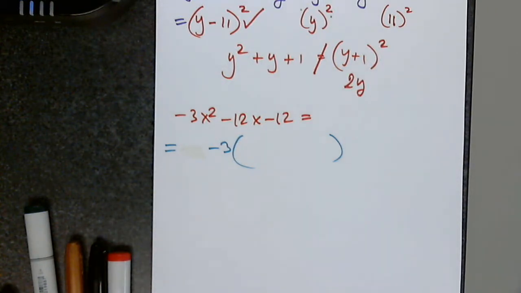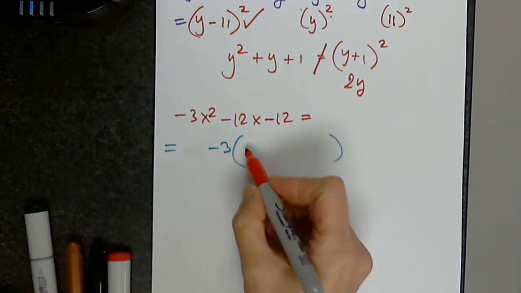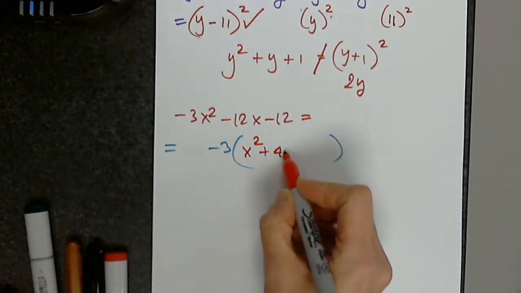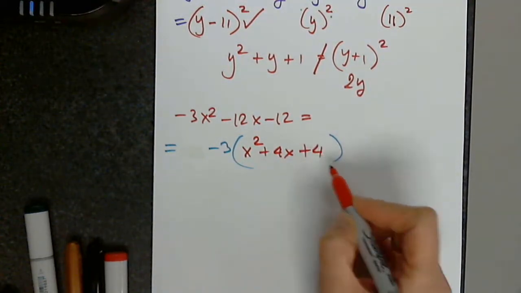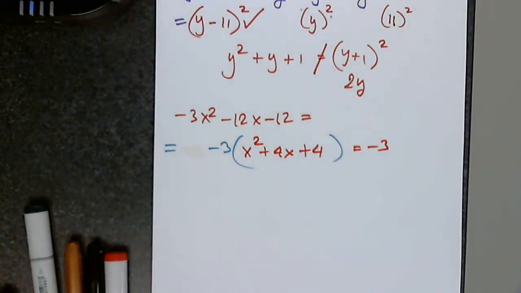Okay, so, -3 out. What is left in parentheses? How many terms? Exactly 3, because we started with 3. Perfect. So what are those terms? X squared, very good, plus 4x, very good, plus 4. Excellent. So now, I'm asking myself, is that a perfect square?